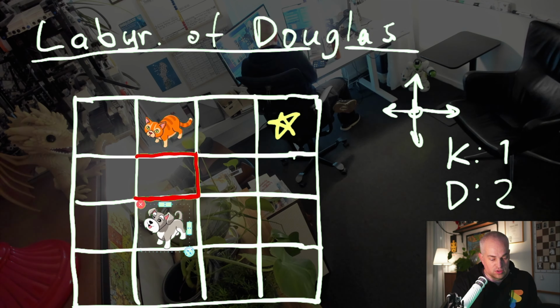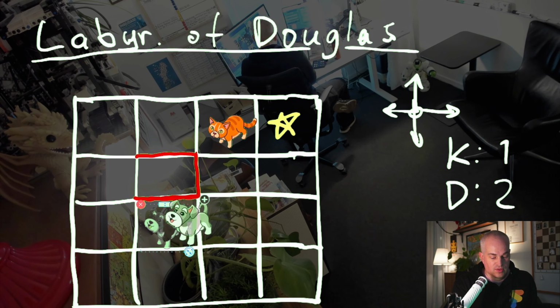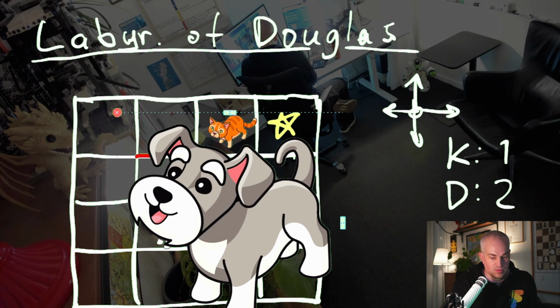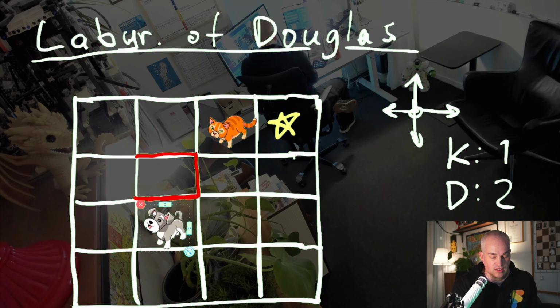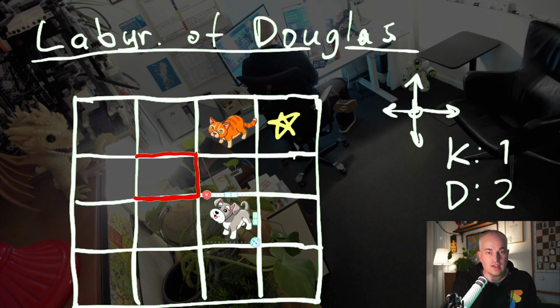Now, unfortunately, it's trickier here for the cat. If the cat would continue to go towards the star, then Douglas would take one step to the right here. Then he would check horizontally again, can't get any closer. Check vertically, yes, that's possible. Then he will end up there.